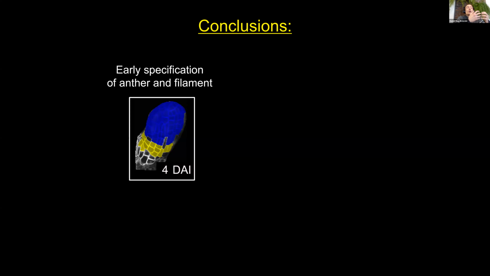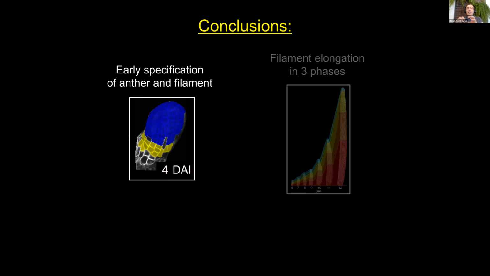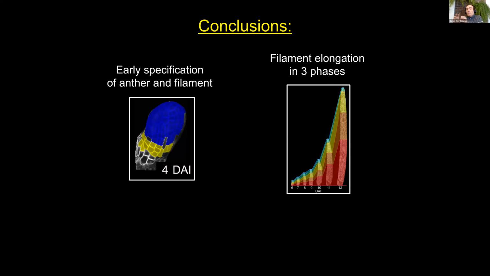What I have shown you here very quickly is that our approach enables really precise tracking of cells to understand the origin of different parts of an organ, or the organ itself. This also enables us to very precisely characterize the growth and development of the organ at cellular resolution in a quantitative way, to basically put numbers to every single cell and understand how they interact with each other to generate a specific form.